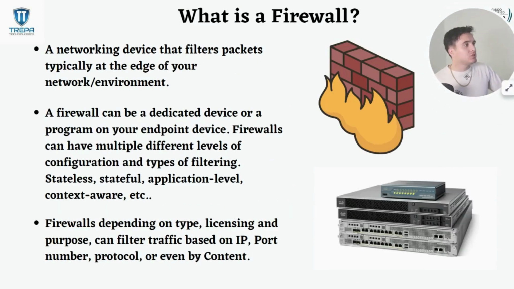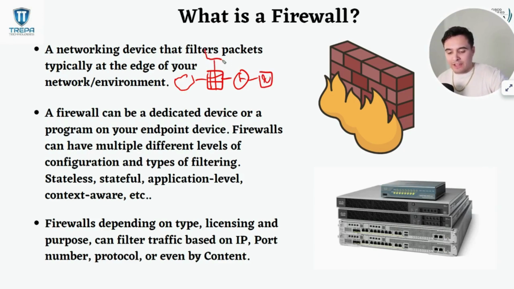All right, now let's get into what is a firewall. So this is a networking device that typically sits in line and at the edge of your network to filter packets coming in and out. A firewall is going to be a dedicated device that usually would sit kind of like this on your network, right? It'd have the connection to the ISP and then connected to your router when you have your LAN here.